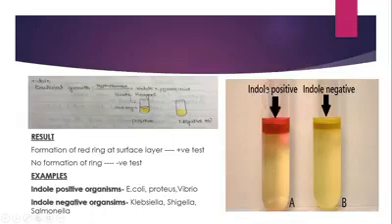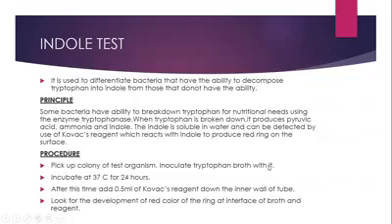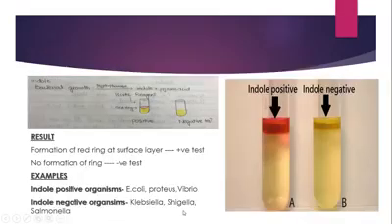As soon as you drop that off, you see the formation of the red ring if the test is positive. And if there is no red ring formation, the test is negative. After that, we look for the results. Formation of the red ring at the surface shows a positive test, while if there is no ring formation, the test is negative.